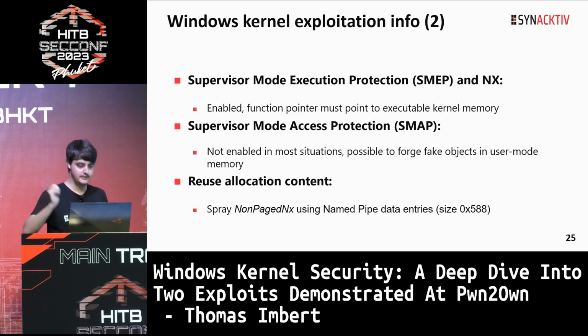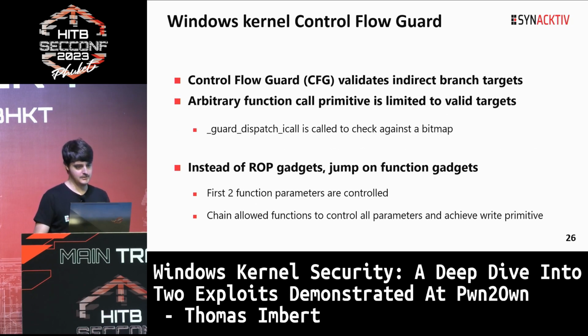And this is documented on the internet. We can use a named pipe data entry with the same size, and it will work most of the time. And there's one mitigation that is more important in our case. It's the Windows kernel control flow guard. So when I said previously that we control the function pointer, it is not called directly.